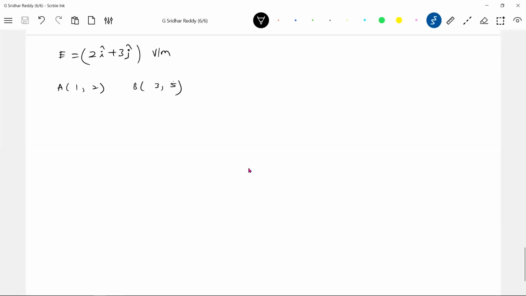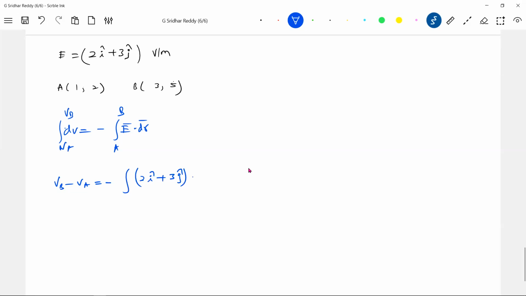Okay, let me do it mathematically. Already we have done the graphical method, no? Let me start with the mathematics here. So what is the basic formula? dV is equal to minus of E bar dot dr bar. I want the potential difference between points A and B. So VB minus VA equal to minus of E bar, where E bar is 2i cap plus 3j cap, dot dr bar.